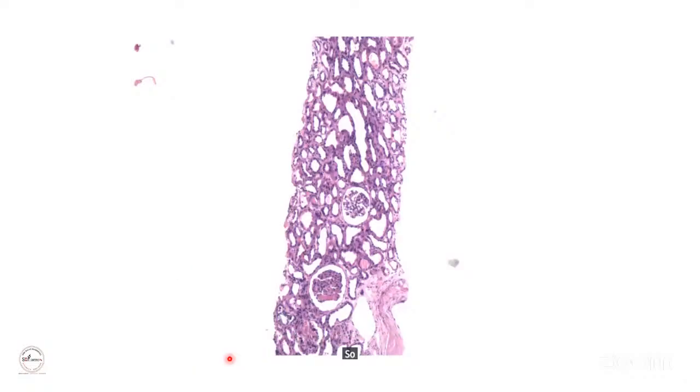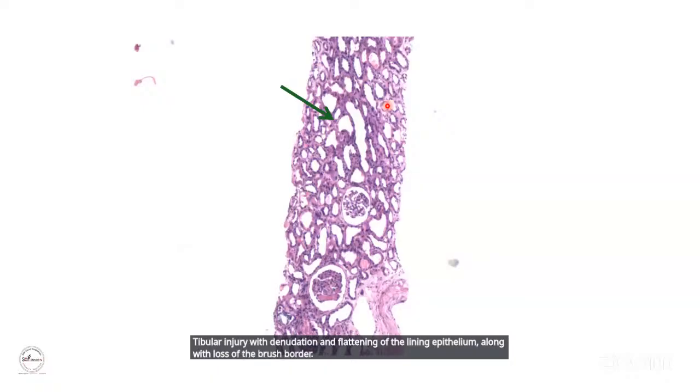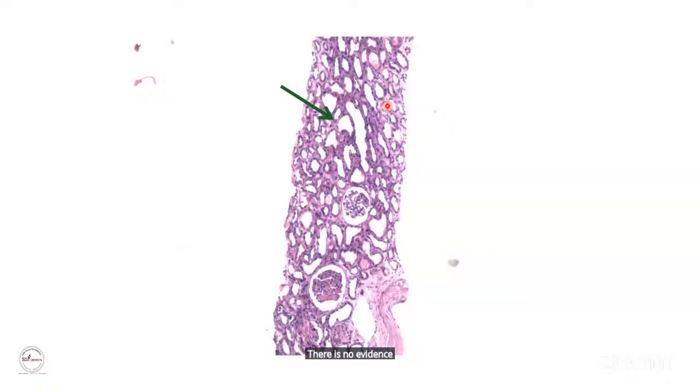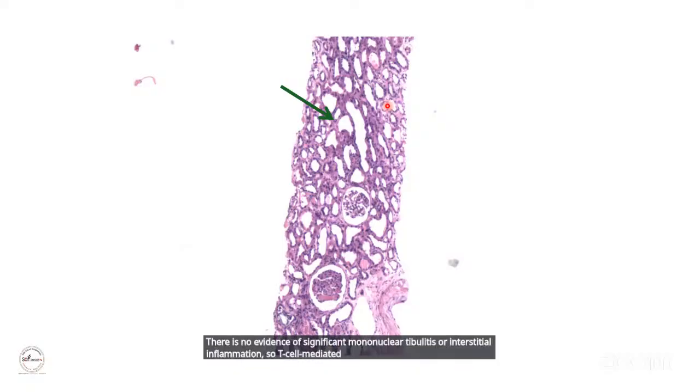This is a low power view of the renal biopsy, H&E stained section, showing moderate tubular injury with denudation and flattening of the lining epithelium along with loss of the brush border. There is no evidence of significant mononuclear tubulitis or interstitial inflammation. So T cell mediated rejection is ruled out.